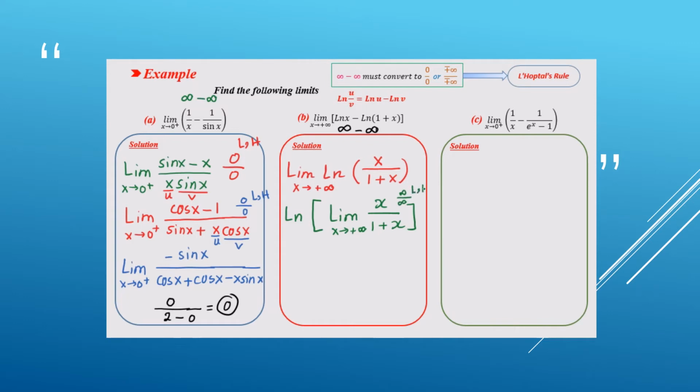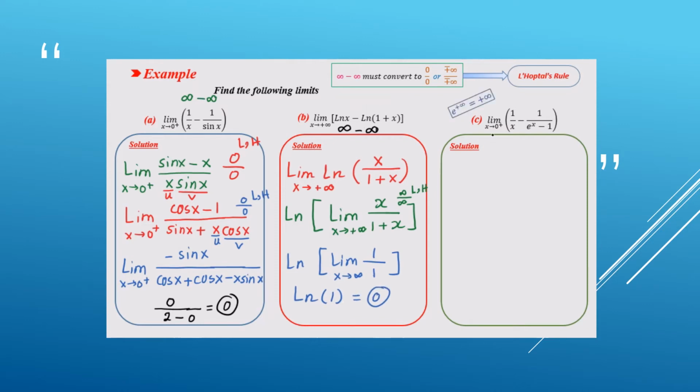So we can use L'Hopital's rule and you will get ln of the limit of f prime, which is 1, over g prime, which is also 1, when x goes to infinity. 1 over 1 is a constant, equal to 1, so the inside limit is equal to 1. So we have ln of 1, which equals 0.